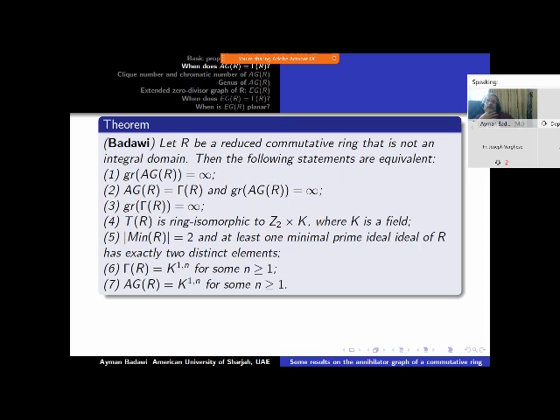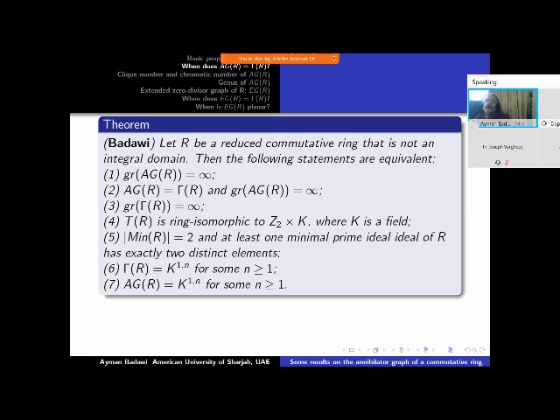Okay, what about if the girth of the annihilator graph is infinity? Then these two are the same. And that's easy because if you remember what I told you, if the annihilator graph is different from the zero divisor graph, then the girth has to be either 3 or 4.